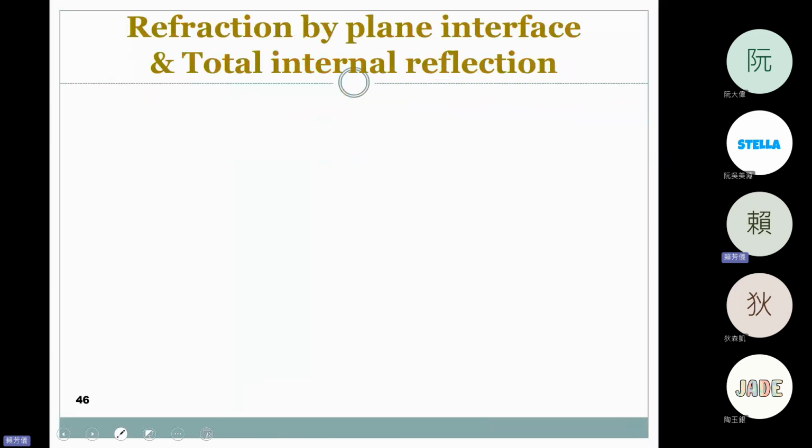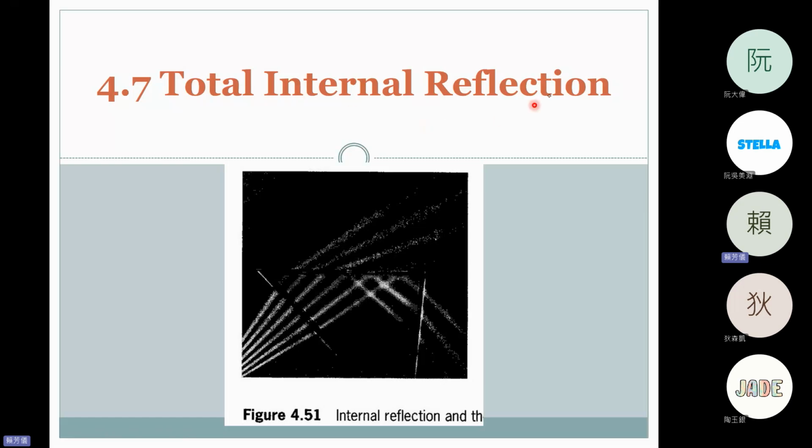Okay, the following is total internal reflection. Why do we say it is total internal reflection? It is not merely because it reflects back into its own material. This kind of reflection happens in the situation of internal reflection.